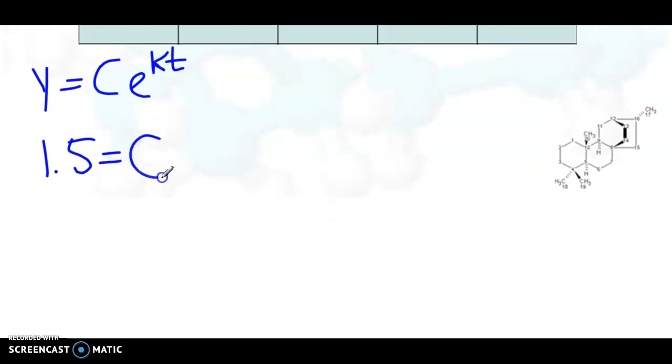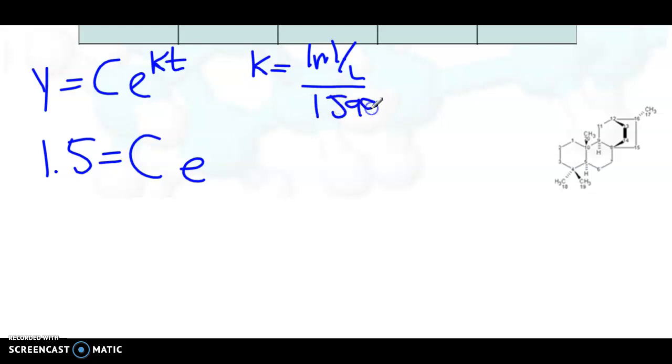We want to look for our initial amount. And we have e to the k, where k, remember, is the natural log of 1/2 all over our half-life years, our time. So 1599. So that becomes our exponent k.